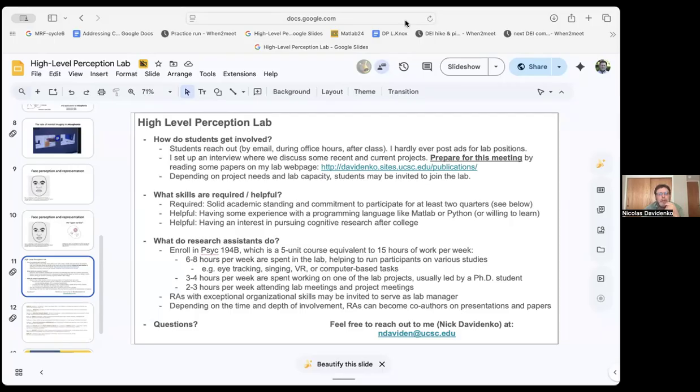But usually the best recipe for success is to start early. So to start maybe sophomore or junior year in a lab, and then that amount of time, if you stay in the lab, is what can let you become an independent researcher and be able to do your own work, if that's what you're most interested in.